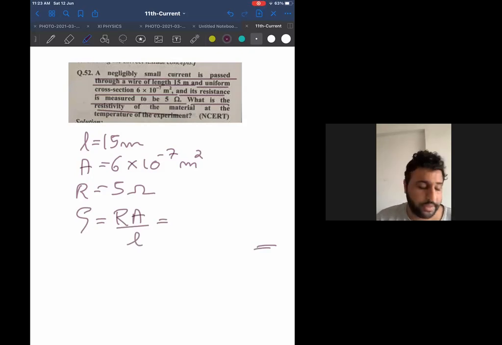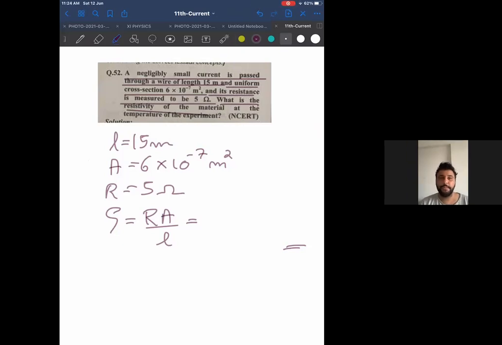Very good answer, Vidhi. Others substitute the values and tell me what according to you should be the answer. Vidhi correct. Ronak, very good answer. Meet, very good answer. Rudraksh, very good. Vivek, complete the answer.